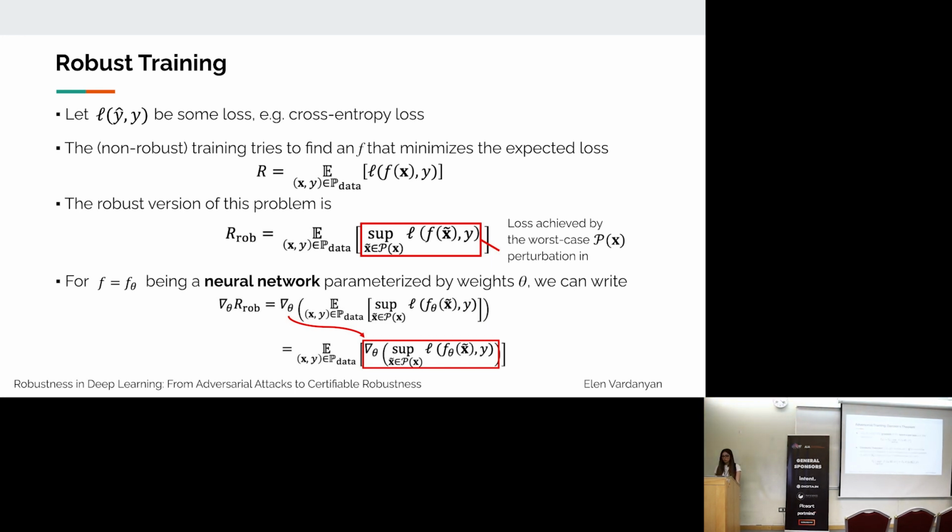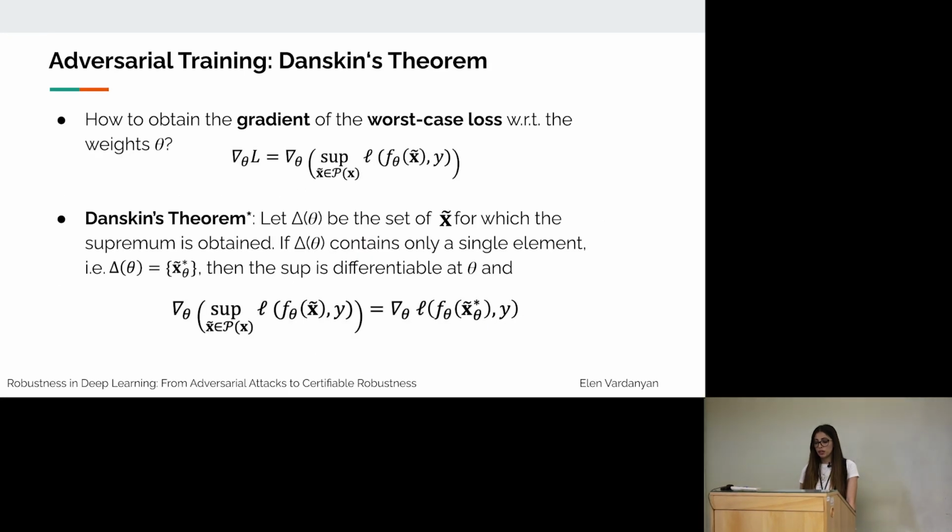To solve this issue, we introduce Danskin's theorem, which says that if the set of worst-case perturbations has only a single element, x̃*, then the supremum will be differentiable at the point θ, and we'll have it evaluated on this one single worst-case perturbation.